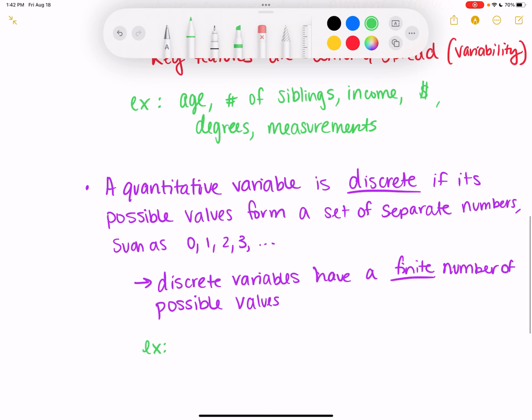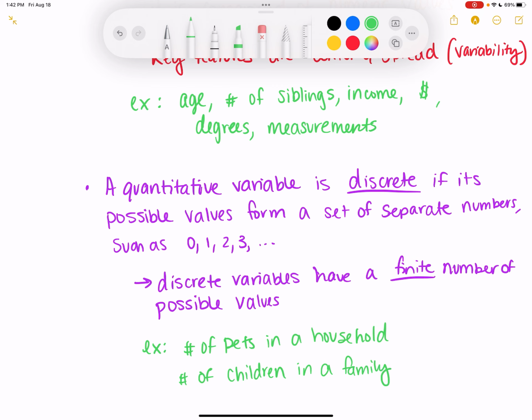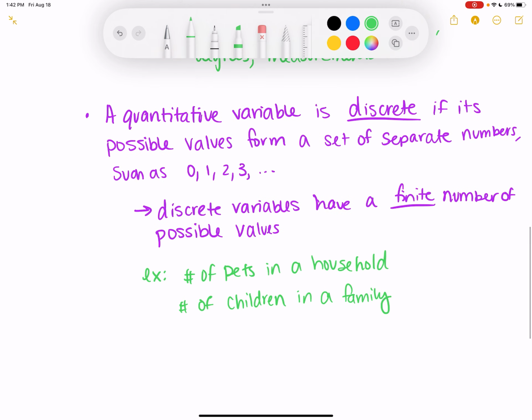So an example of this would be the number of pets in a household, the number of children in a family, or the number of languages spoken by an individual.